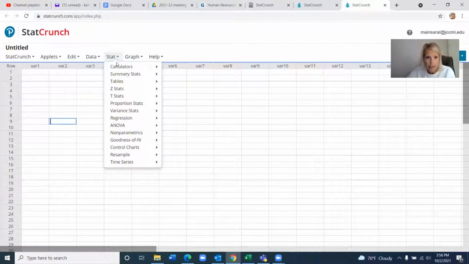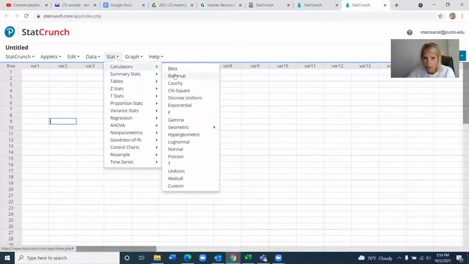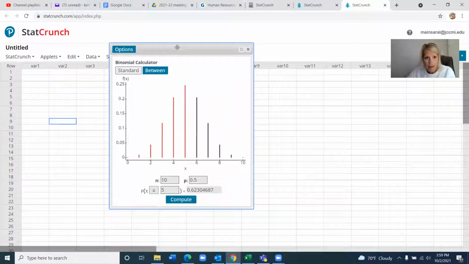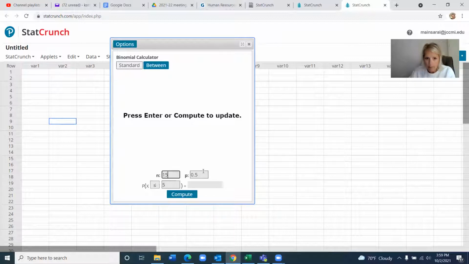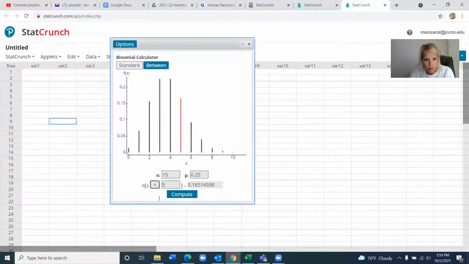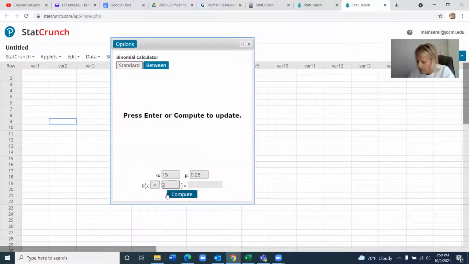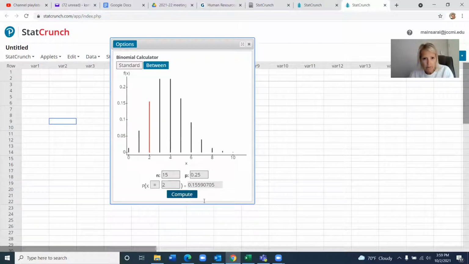It says Stat and then Calculators, and we're choosing Binomial. Then we have to enter down at the bottom the N. So our N in this case is 15, and the probability of success is 0.25. And then we can change this inequality. We want the probability that X is equal to 2. And then we're going to hit enter.